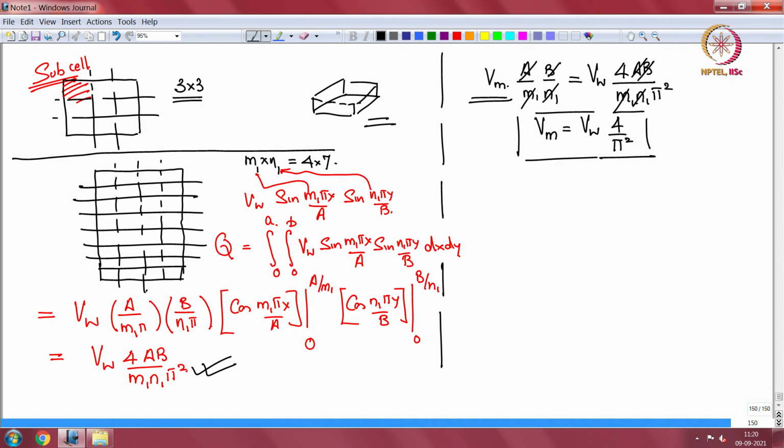Now there is a further refinement possible, which I will only mention but not go through details. Further refinement possible, which is we break this phase cell originally into subcells. We break it into further subcells, 3 by 3, 4 by 4, 5 by 5 and so forth.